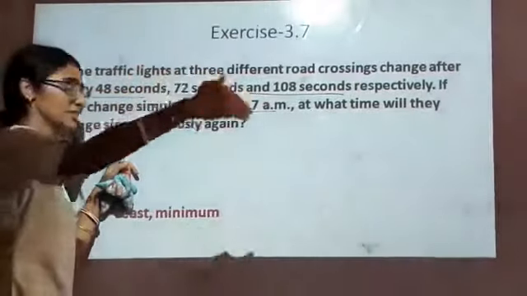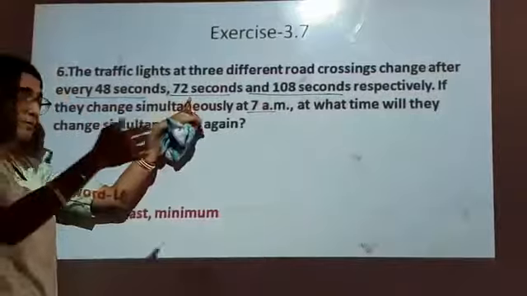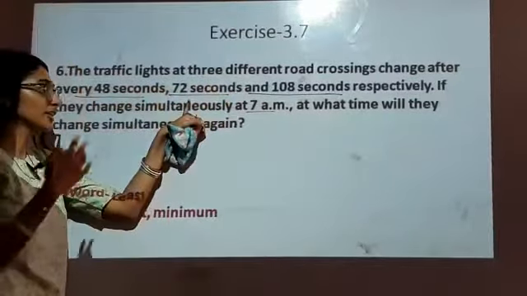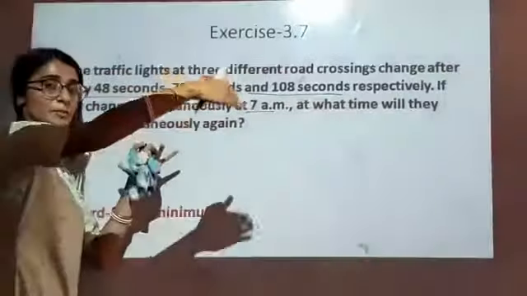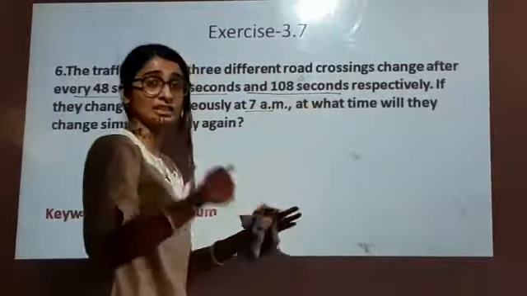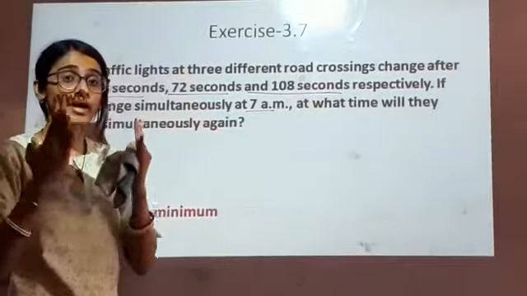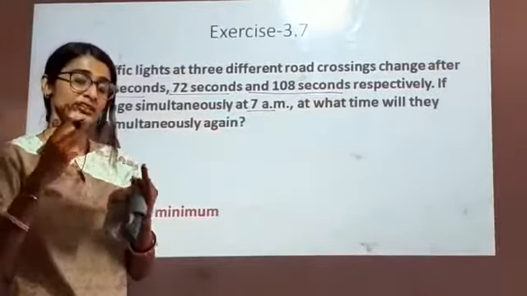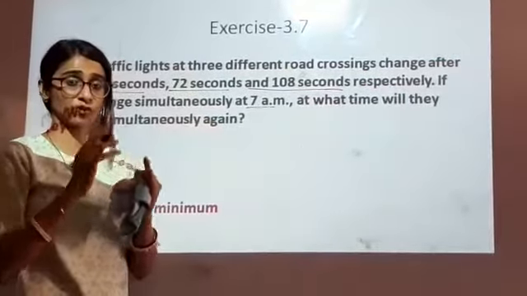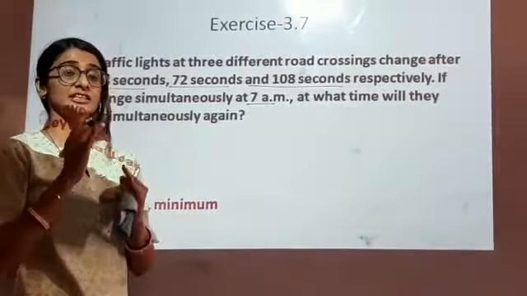So at multiples of this time it will repeat. Again 72, the second light also changes after every 72 seconds, so multiples of 72. The third light, multiples of 108 seconds. In this way you have to find after which time period they change again.